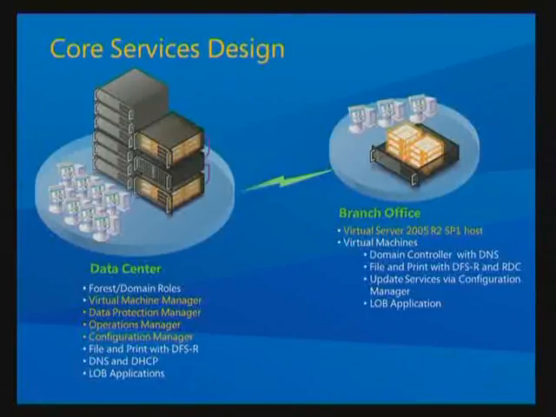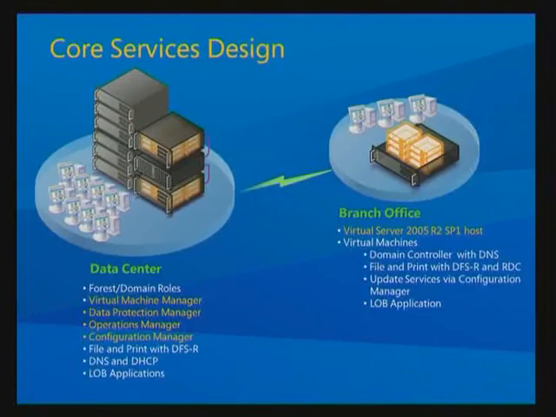So let's look at if I took all of those technologies and I actually wanted to deploy them. I'm going to focus the discussion from now on the server side, just due to time constraints. If I wanted to look at the core services that I would deploy, I want to virtualize the server in the branch, I want to be able to manage it, monitor it, and back it up.